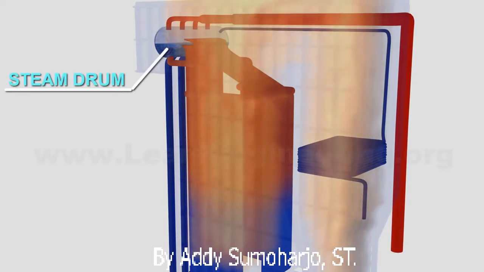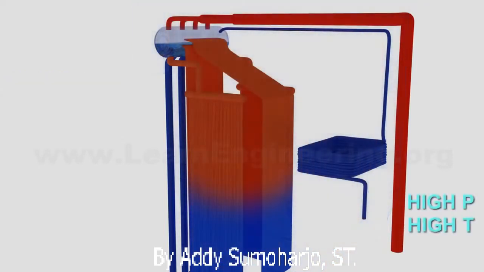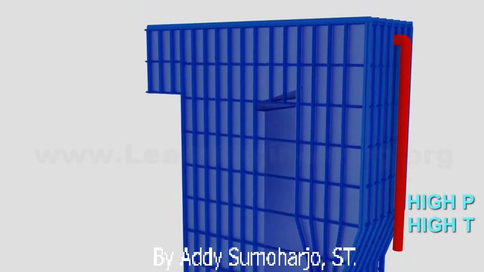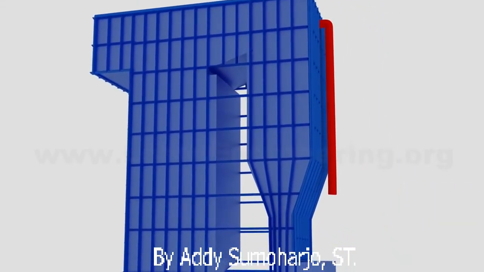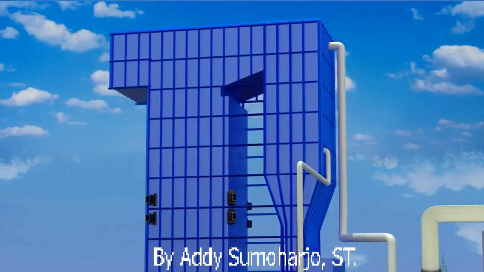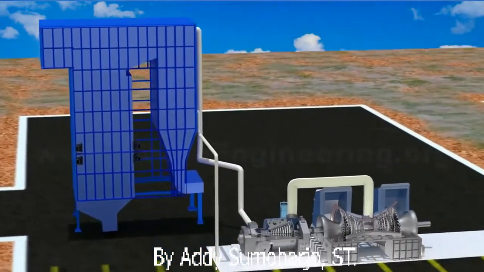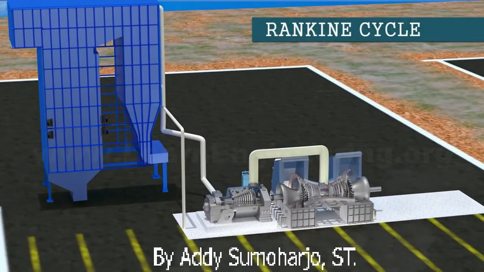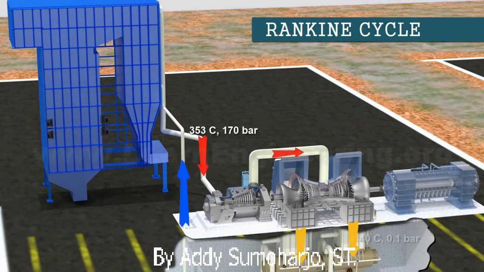Now the working fluid is back to its original state, high pressure and high temperature. This steam can be fed back into the steam turbine, and the cycle can be repeated over and over again for continuous power production.